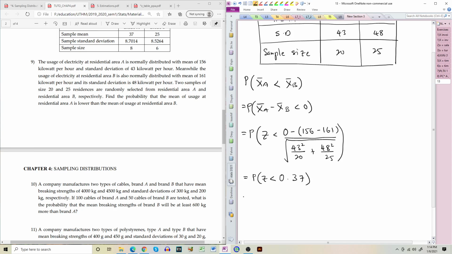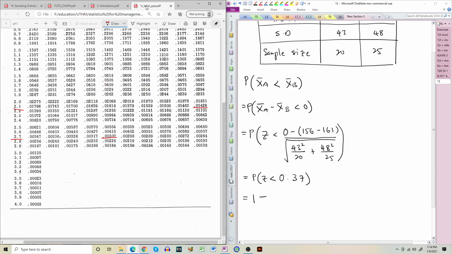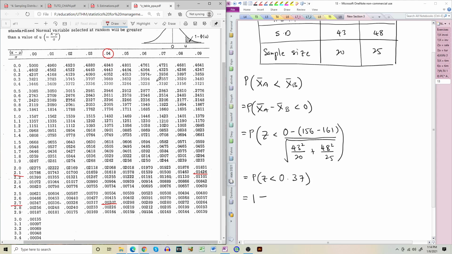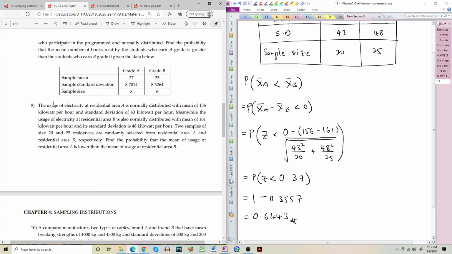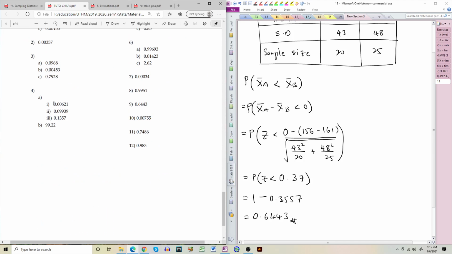So the answer should be 1 minus 0.35. Yeah, that is answer number 9.